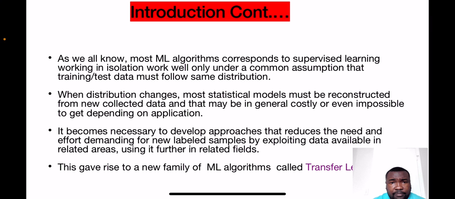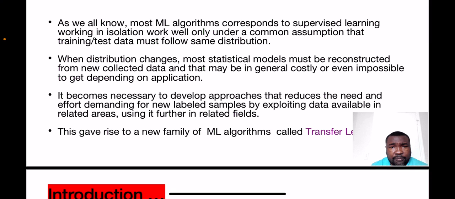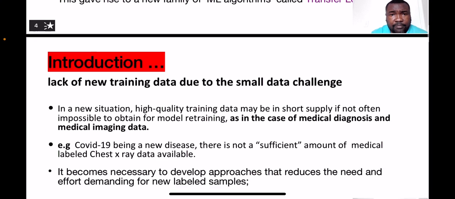It becomes necessary to develop approaches that reduce the need and effort demanded for labeled samples by exploiting data available in a related area and using it further in the related field. Then you can see that this gave rise to a new family of machine learning algorithms called transfer learning.